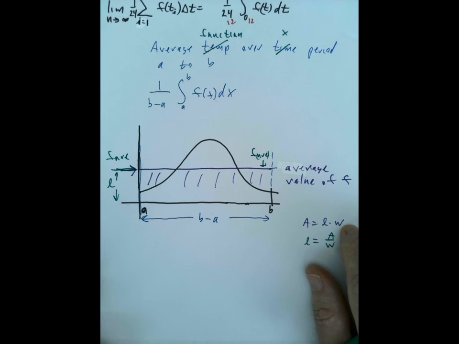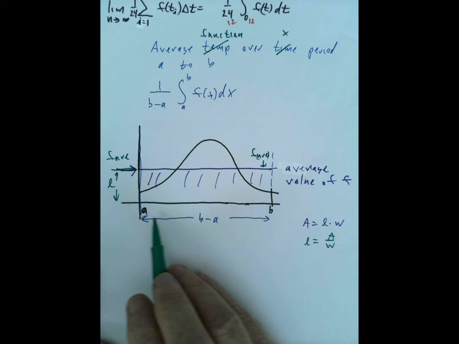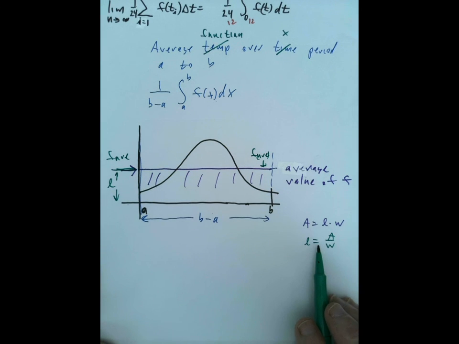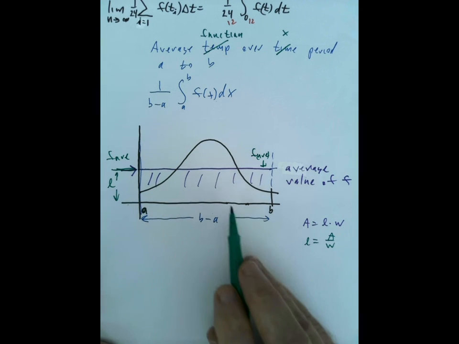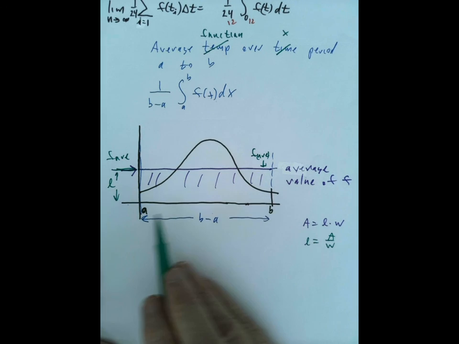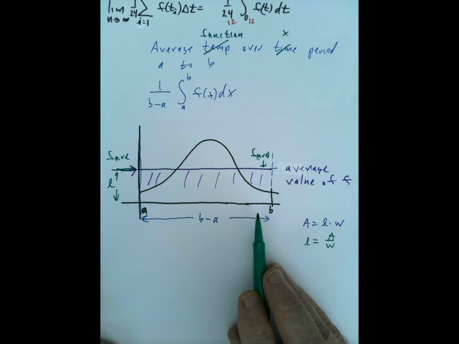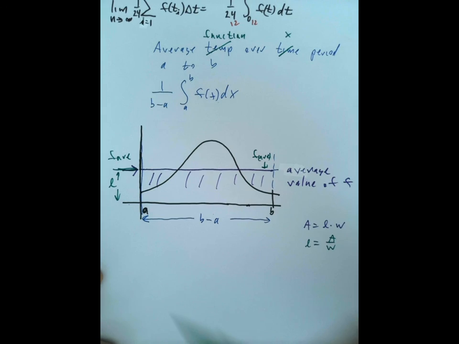We want to know the length. We're given the width, which is B minus A. So in effect, we find the area by calculating this integral, and divide it by whatever the interval length is, which is the time interval. It gives us back the height, which is the average temperature that we want. Okay? So that's how that goes.